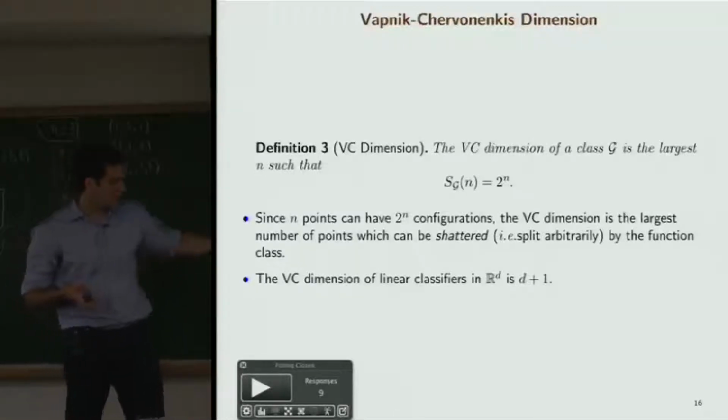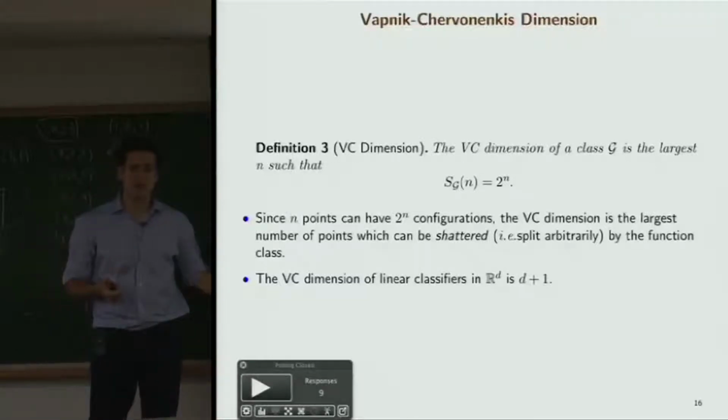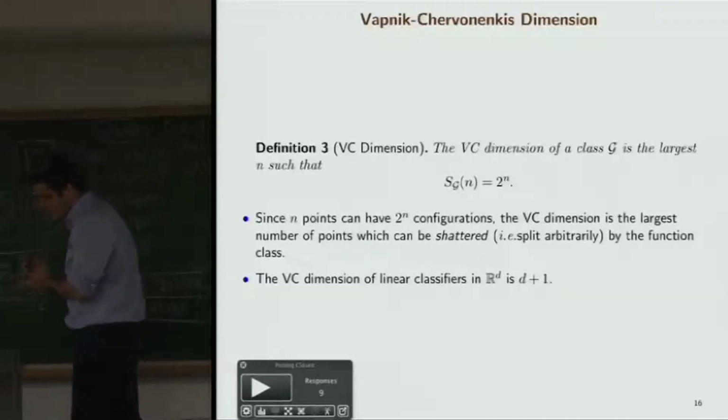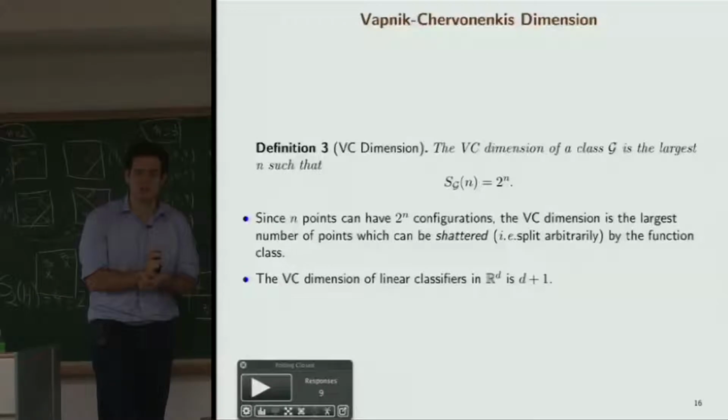And the quantification that Vapnik and Chervonenkis propose is this one. The VC dimension is the largest integer n such that S of n is equal to 2 to the power n. Okay? So the VC dimension of a function class is always going to be an integer.